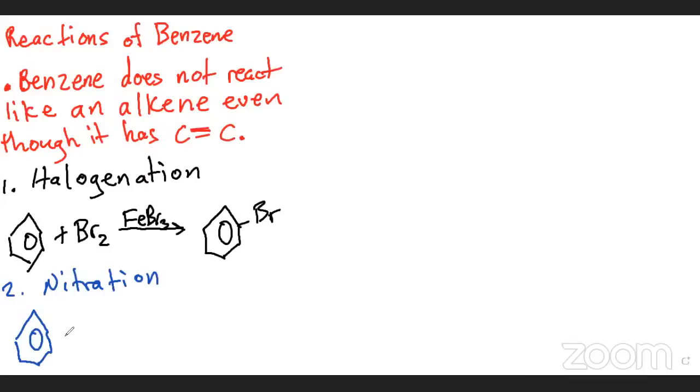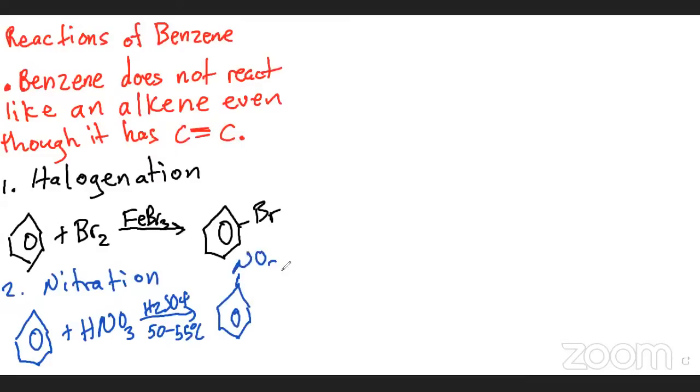So if you want to nitrate benzene, you react it with nitric acid and sulfuric acid, with an arrow, at a temperature of about 50 to 55 degrees Celsius, and you will get nitrobenzene. Or 60 degrees Celsius, right?